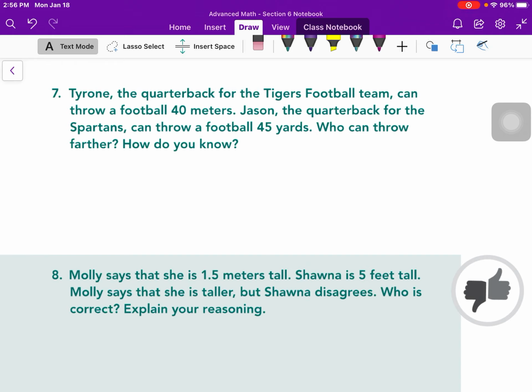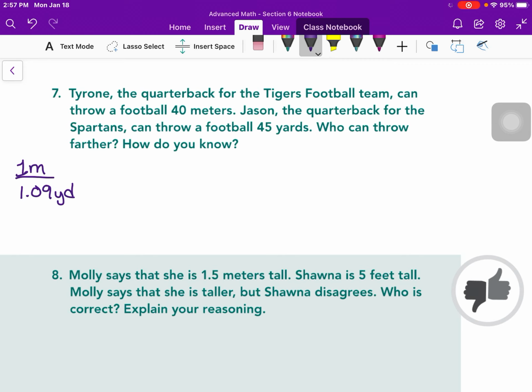Okay, hopefully you attempted to solve both of them. The question asks, Tyrone, the quarterback for the Tigers football team, can throw a football 40 meters. Jason, quarterback for the Spartans, can throw a football 45 yards. Who can throw it further, and how do you know? When I look back at that chart, I find that 1 meter is the same as 1.09 yards.